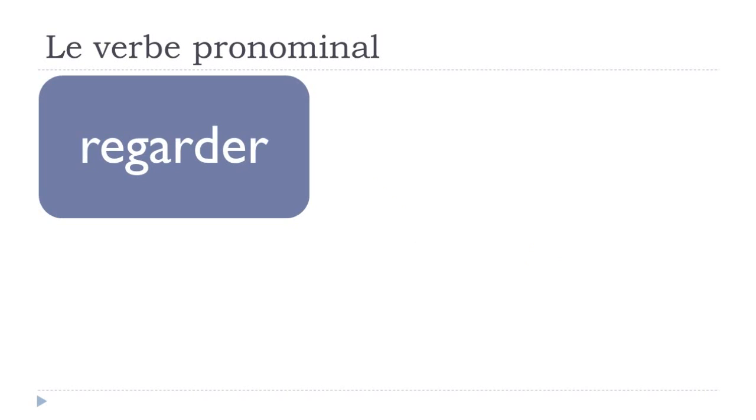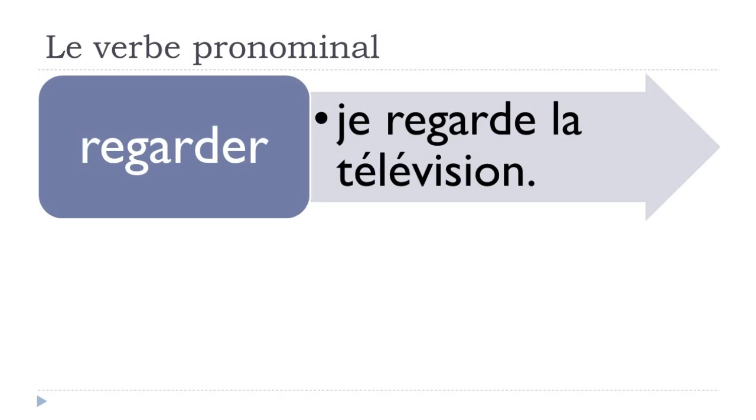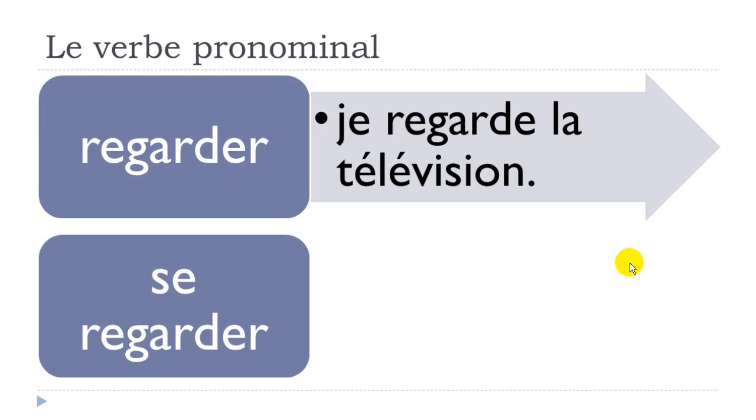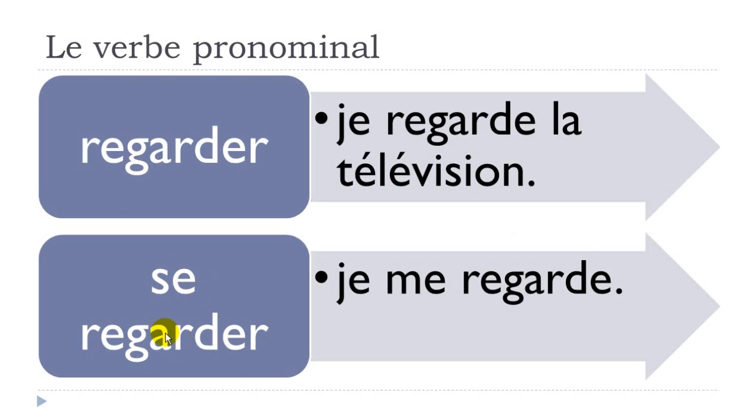So we'll take an example. If we take the regarder verb, normally you will construct this sentence: je regarde la télévision. I watch the television. But if you use this se regarder, to look at oneself, in that case, je me regarde.